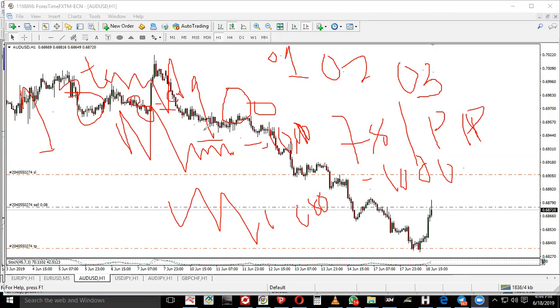And the micro lot size, which is from 0.01 to 0.09, means you are losing or gaining 10 cents per pip move. You understand? So I think we've been able to understand the concept of lot sizes.